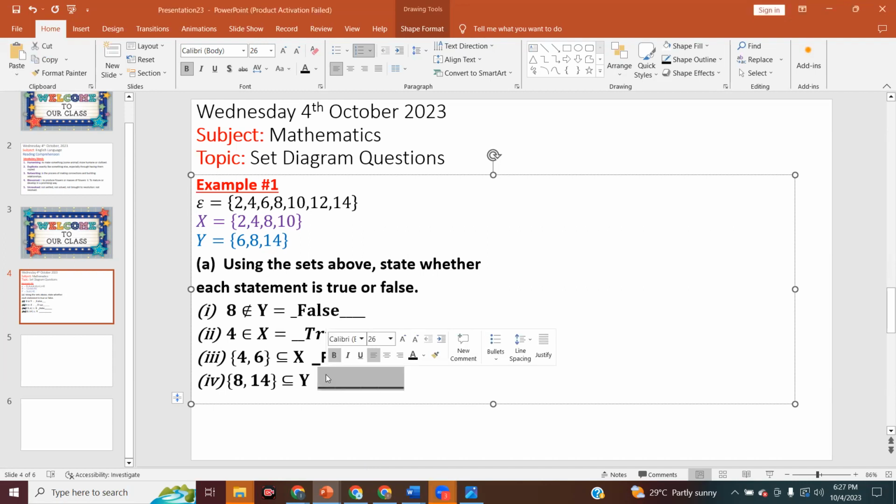And so {8, 14} would be a subset of Y. So the answer here is going to be true. All right, how many persons got that? Very good. So that's true. Again, this one is also false.